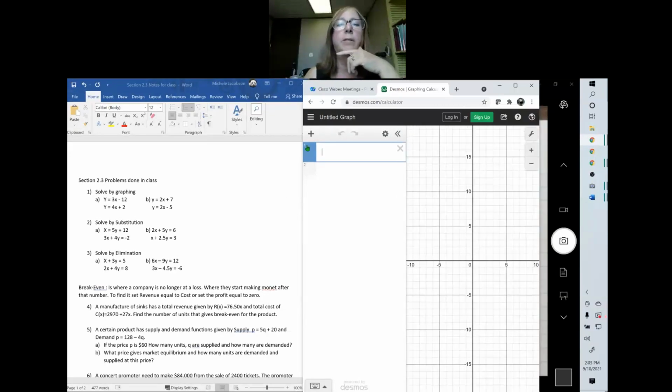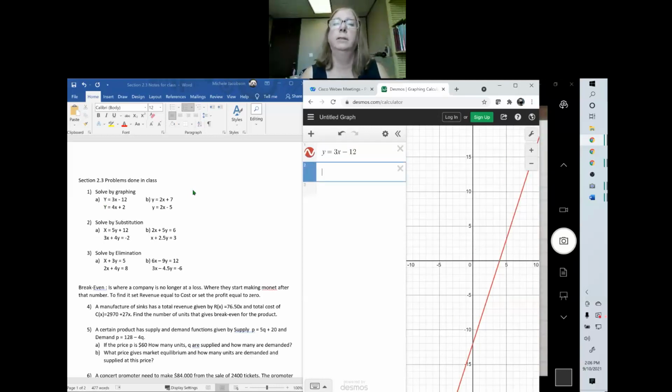Now the scatter plot, we had to go under the 3 bars and go to statistics. For a straight line, you just plug it in right here. It's already here. And so we would plug for part 1a, y equals 3x minus 12, and then hit enter. And it graphs the line for you. Then go to the one below it, y equals 4x plus 2.